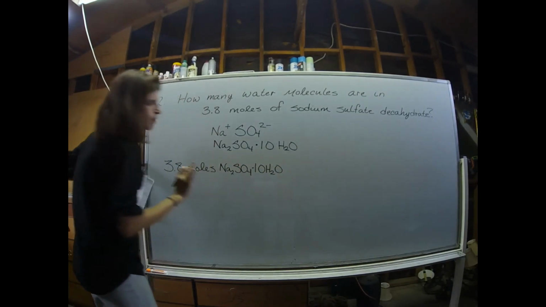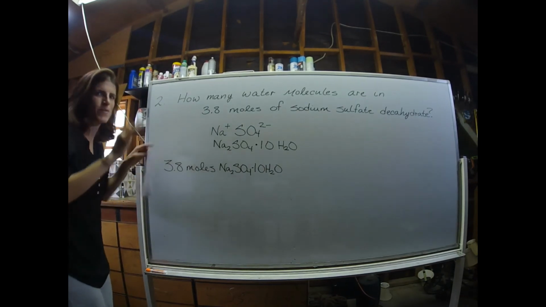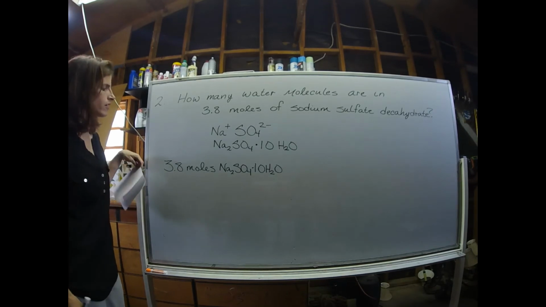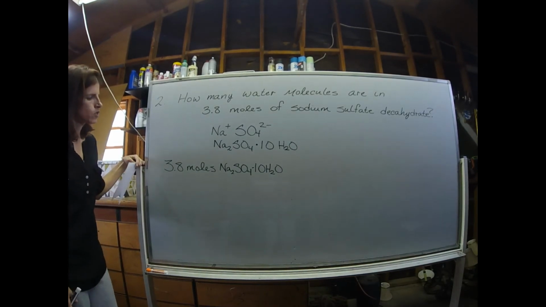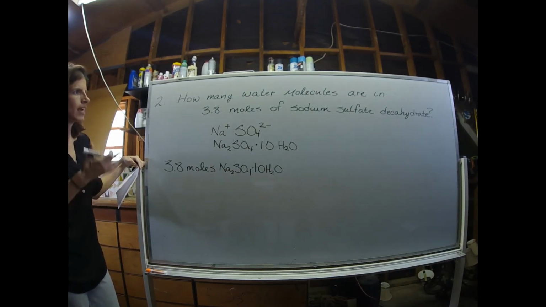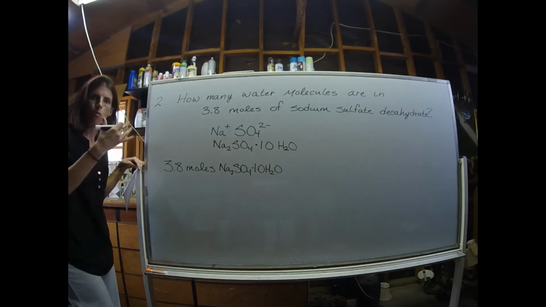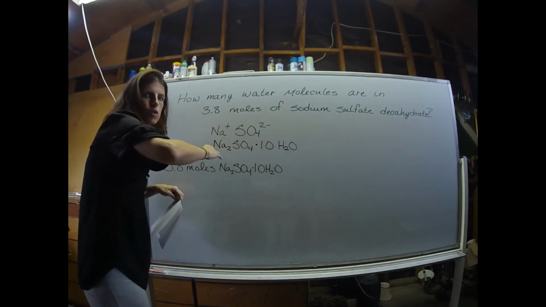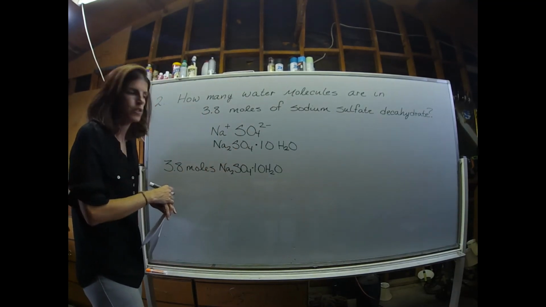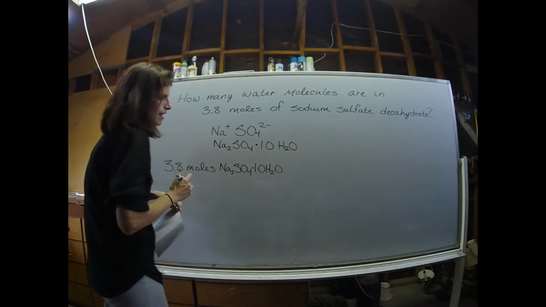Half the battle with chemistry is staying organized, whether it be in the lab with your stockroom and your chemicals, or on paper with your calculations. So we have moles of sodium sulfate decahydrate. I want to get rid of that and get down to water. I can go mole to mole, moles of the compound as a whole to moles of water, using the subscripts and the 10 out front here.